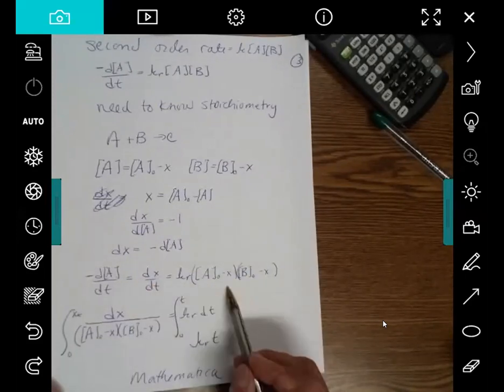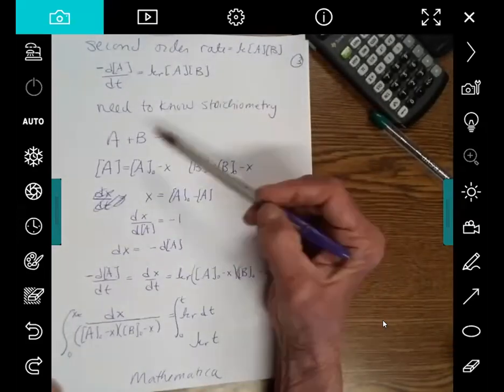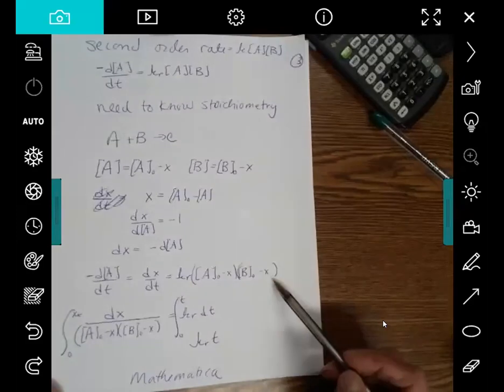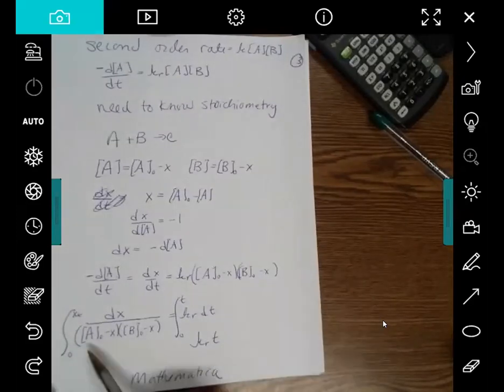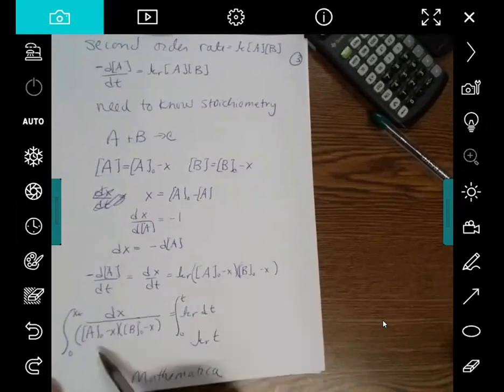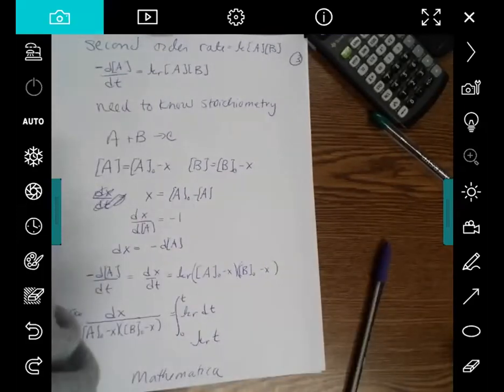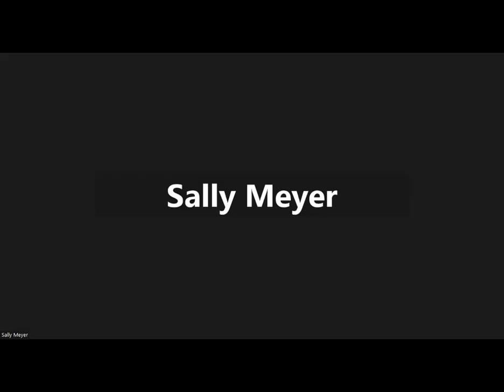And then on the right-hand side, we are going to set up the concentrations of A and B in terms of x. So that allows us to integrate just over x, the extent of reaction. So we'll take the t's to the right-hand side, bring all the concentrations to this hand side, and let me just show you that in Mathematica.